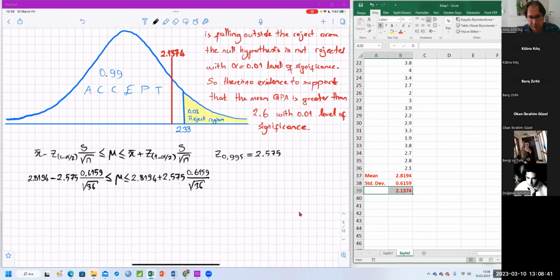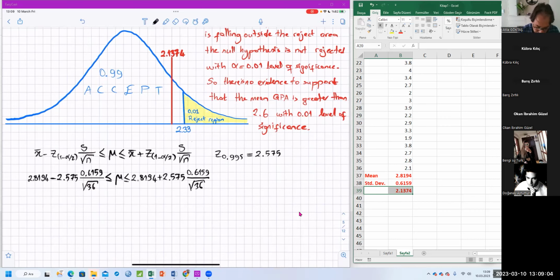Okay, so I'm going to use a calculator. It will not take me much time. 2.8194 minus 2.575 times 0.6159 divided by 6.